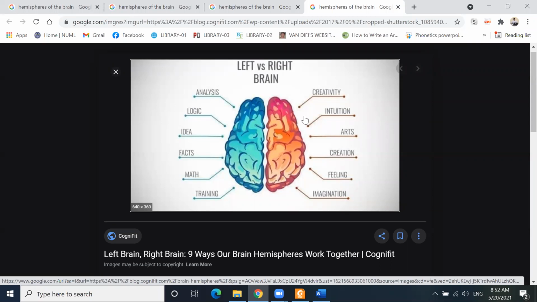It means that the right side of their brain is more functional and active. As I told you, the left side of the body, like the left arm, left hand, left leg, left foot, left shoulder, all these left-sided parts are controlled by the right hemisphere.